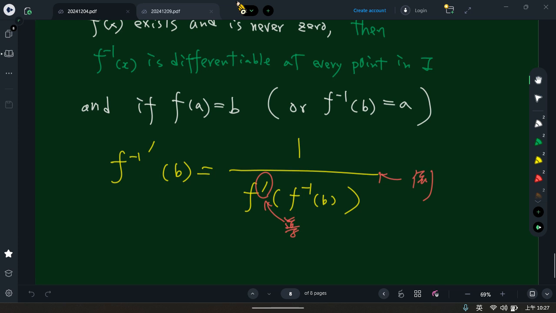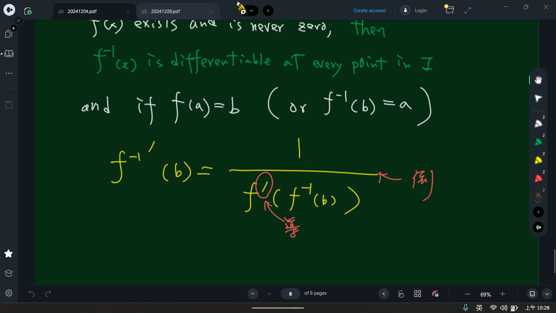So the derivative of f inverse, the inverse of f, at b will be equal to 1 over f prime, where f is the original function. We take its derivative and use f inverse of b as the input.